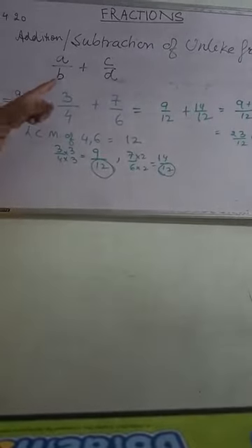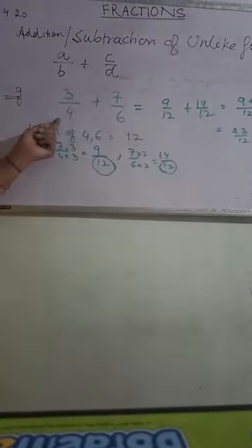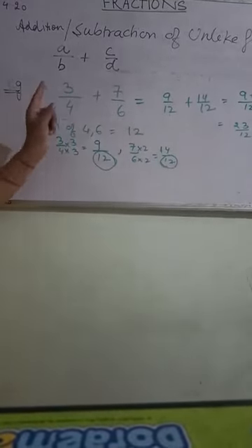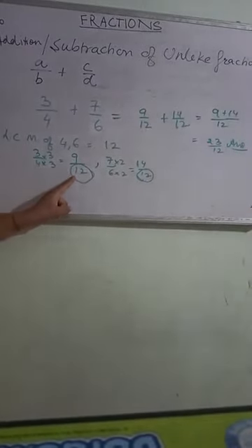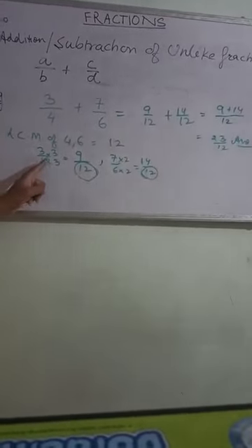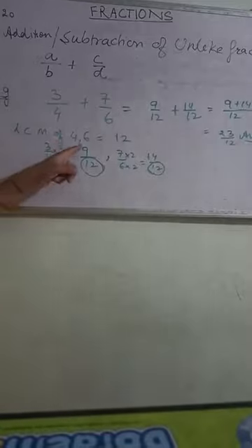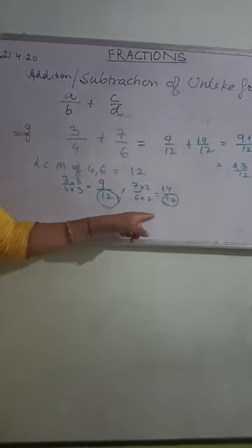Again I am recapping. 3 by 4 plus 7 by 6. We take the LCM of 4 and 6. It is 12. I will convert 3 by 4 into the fraction whose denominator is equal to the LCM, that is 12. So we multiply 3 to both numerator and denominator. So this becomes 9 by 12 and here it is 14 by 12.